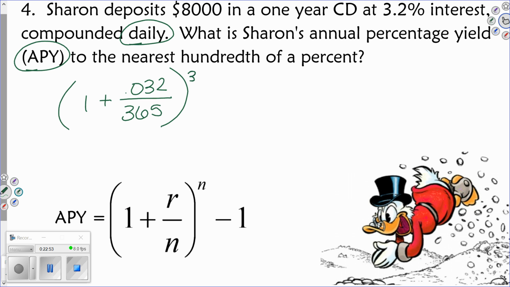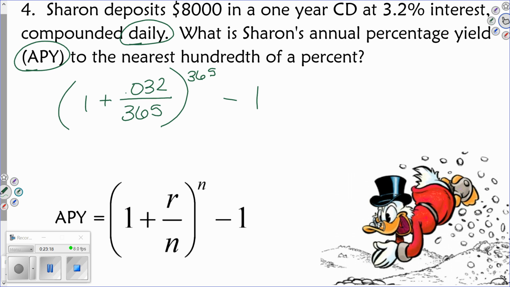N is the exponent, 365, and then minus 1. So the fact that I'm depositing $8,000, it's irrelevant. It's not using the formula. How many zeros are in 100? Anytime they ask you like 100,000th or whatever, think of that number and how many zeros there are. So that's how many spots you want.